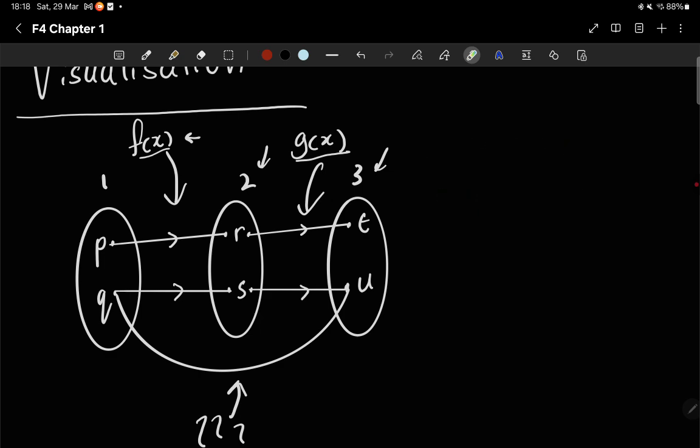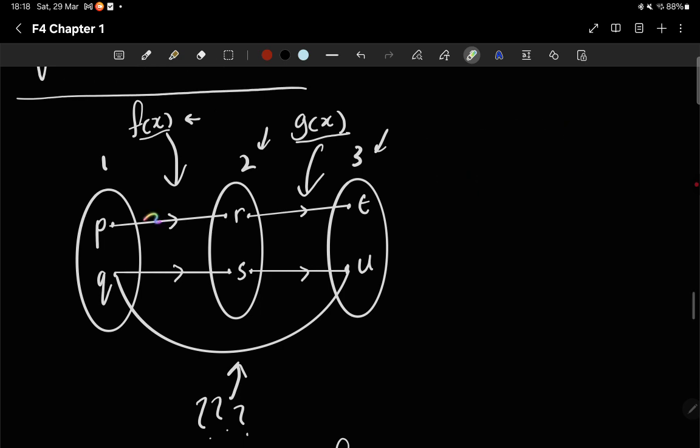What this helps us do is find the image of an object from set 1. What I mean is, we do not have to go one by one to find the corresponding image in set 3. This composite function immediately helps us find the corresponding image for the object in set 1.